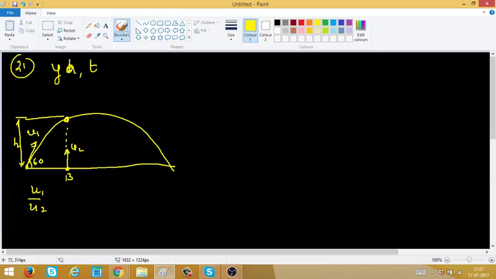Let us find out y for this particular object. Let's call this object A and this B. For A, I'll first find out y. Now I can use the equation y is equal to ut plus half at square. What is u? u will be u sine 60, right? This has two components, u cos 60 and u sine 60, and u sine 60 takes it up.